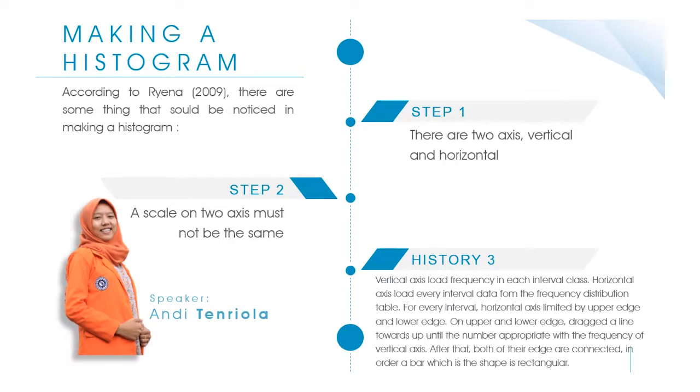From the upper and lower edge, draw a line upward until the number appropriate with the frequency on the vertical axis. After that, both of their edges are connected in order to make a bar which is rectangular in shape.